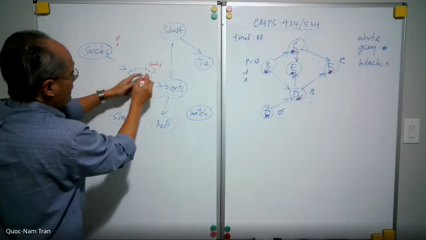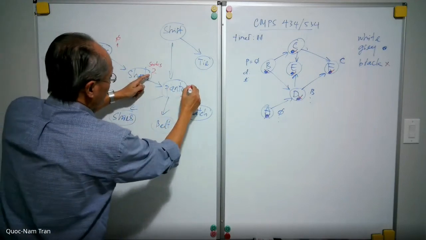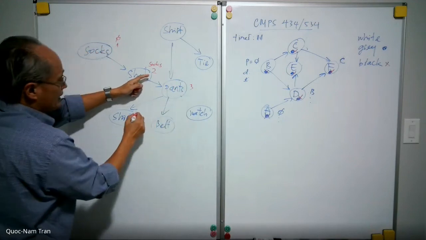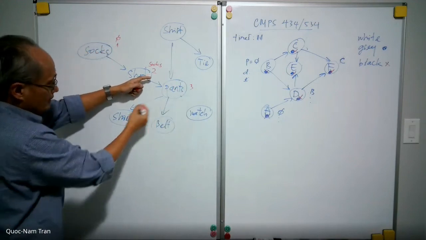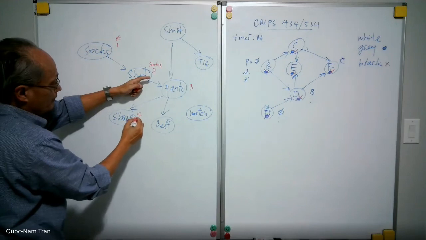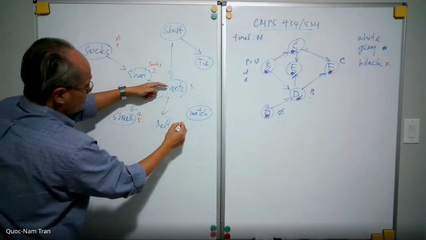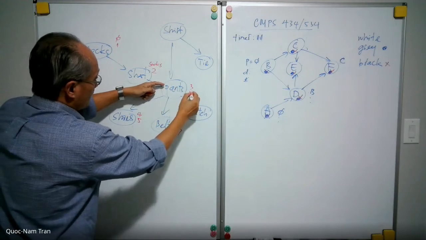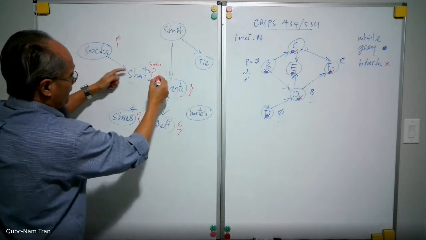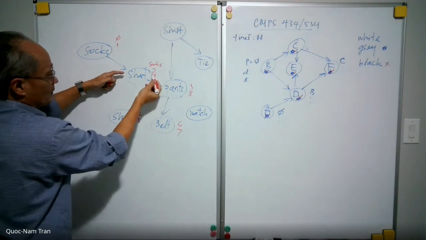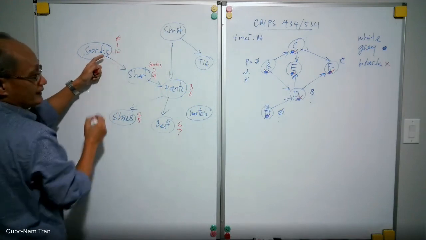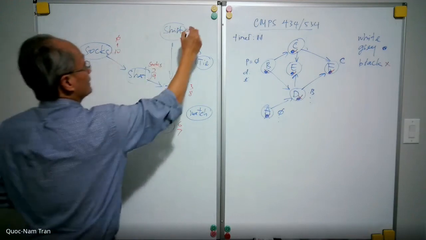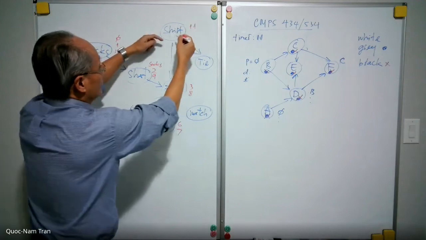So we have 1, 2, and then we have 3. And for example, I have here 4, right? No more. 5, go back, right? 6, no more. 7, go back. 8, right? No more, go back 9. No more, go back 10, right? And now we can start here, 11. Okay.